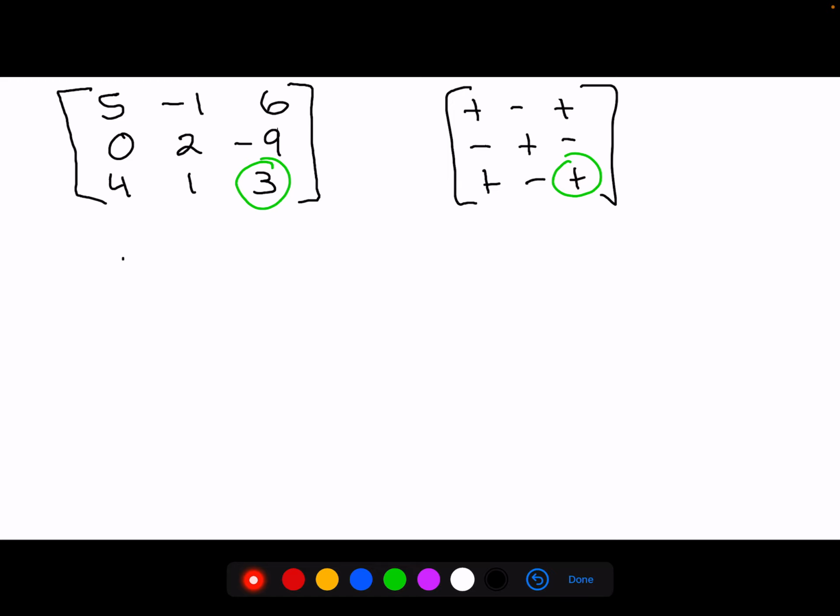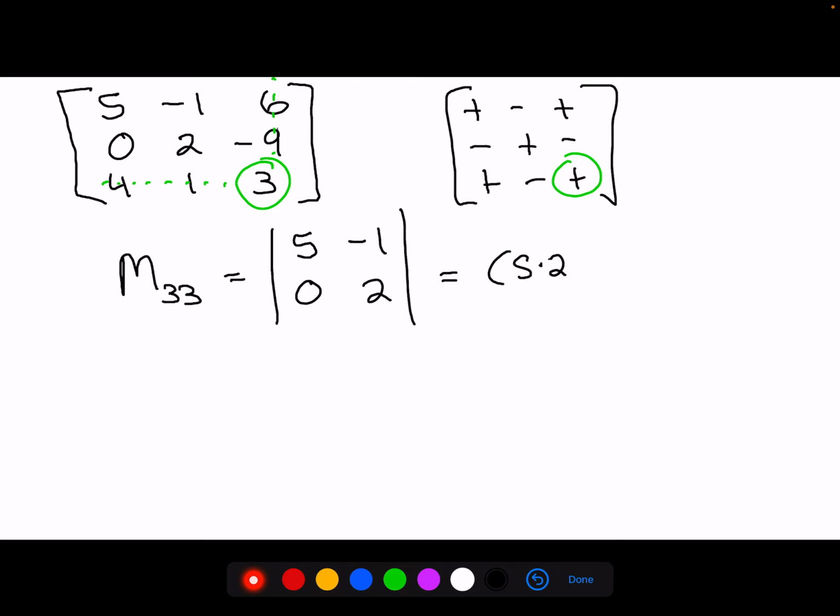So this is row 3, column 3, so the minor of 3,3. I get to ignore everything else in row 3 and column 3 when finding my determinant. So I'm going to be doing the determinant of the matrix with 5, negative 1, 0, and 2. So that's going to be 5 times 2 minus 0 times negative 1.